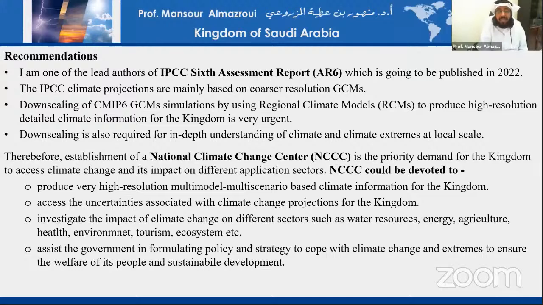Therefore, there is a need for Saudi Arabia to establish a national climate change center, which I recommend as a priority for the demand of the Kingdom of Saudi Arabia, and to have access to different model ensembles, and also to do different impact studies.